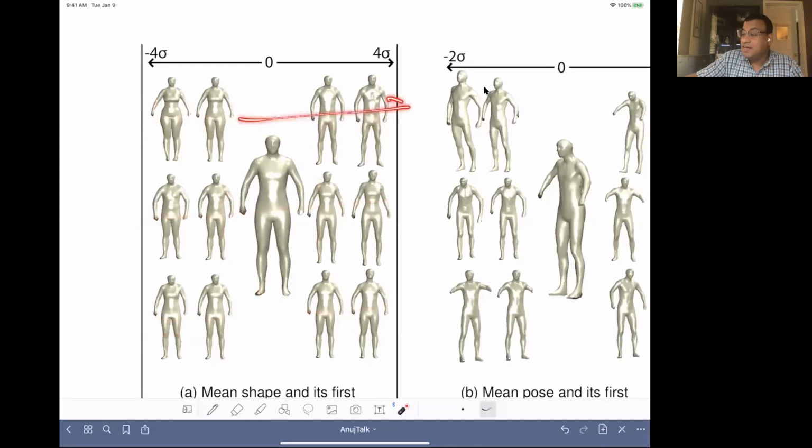This is the male direction, this is the female direction. That's the most significant variability. Along the other modes, it's not so easily interpretable. There is more of tall, thin people, and this is more of a stocky stature.